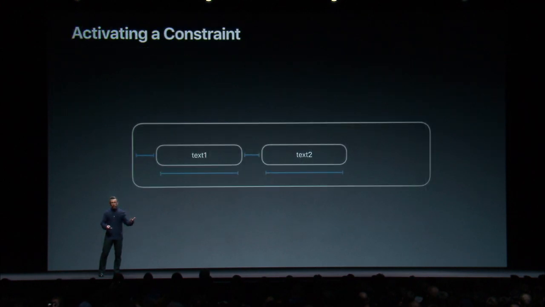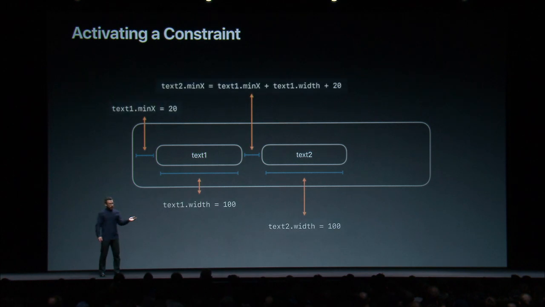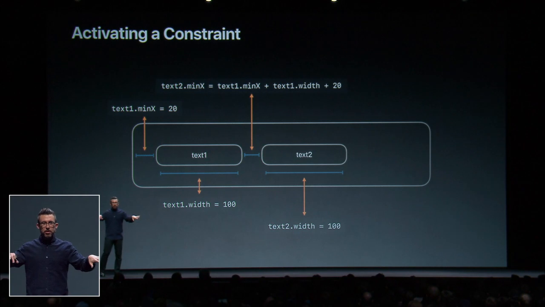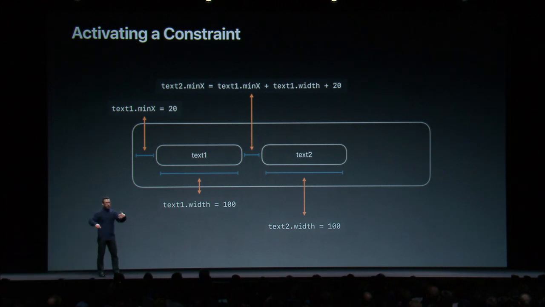OK, so let's go into this process. So this was the layout we were going to do. We're going to focus just on the horizontal constraints for simplicity, but we're going to follow through the process. So the first thing that happens, as we said, is we make these equations, which look like this. These are pretty straightforward. The most interesting one is, I think, the space between the 2 text fields, which looks very similar to what you say with the constraint, but it's somewhat lower level because it's in terms of these variables.